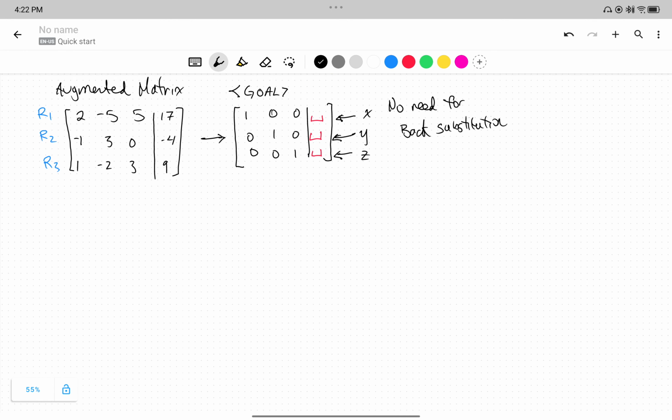Let me remind you, the rules we were using were called row operations. Well, elementary operations. Instead of saying rule number 1 says you can switch equations, now we're going to say you can switch rows.